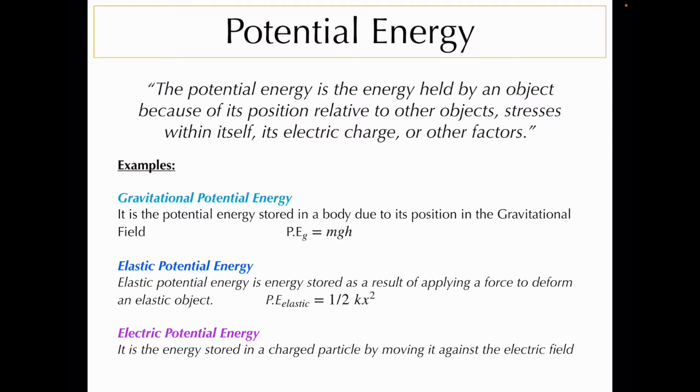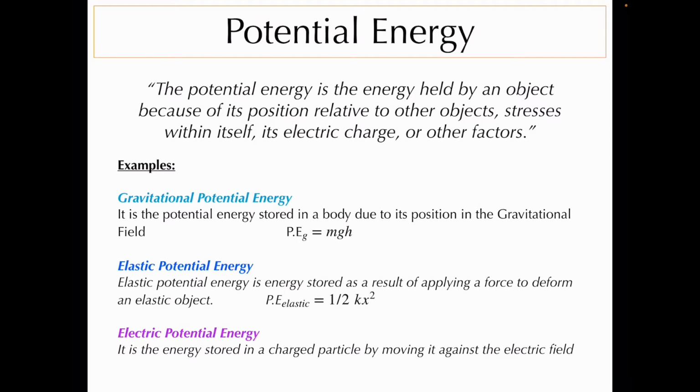So we are taking only the gravitational field because of Earth into consideration, and its formula is PE_g, meaning potential energy, the small g mentions gravitational, equals mgh, and here h is the height of the object from a reference point in the gravitational field.